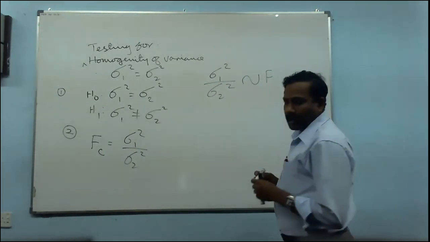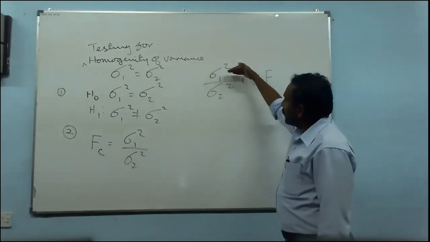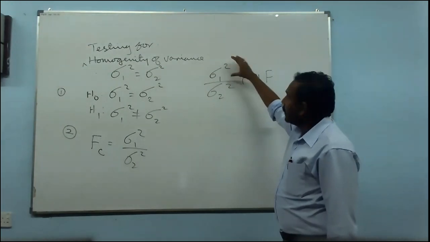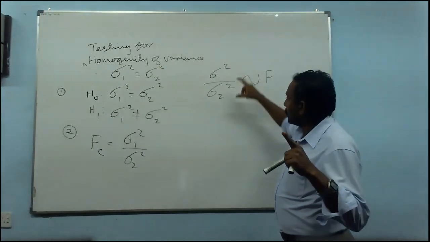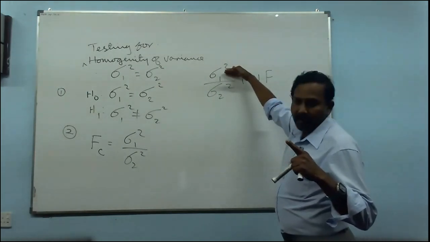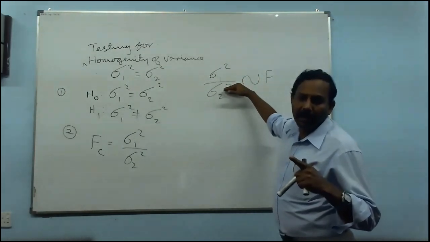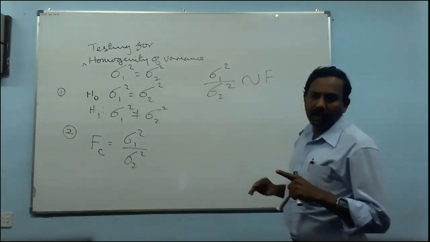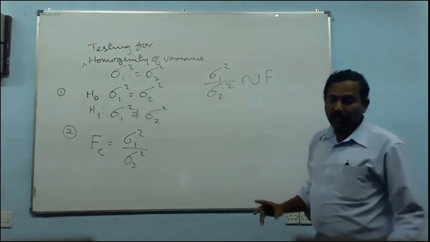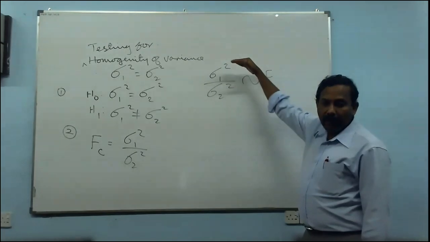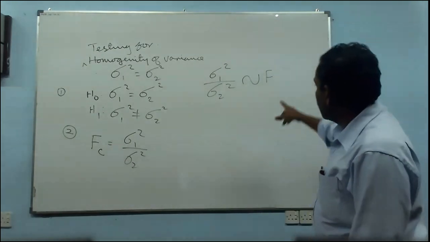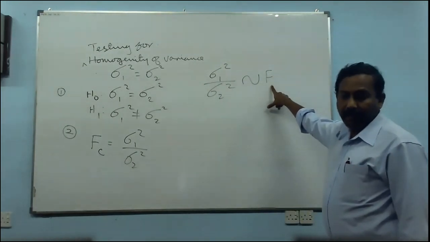It is an F distribution, because this is coming from one normal distribution and this is coming from another normal distribution. When you divide one normal distribution by another, the resultant distribution will not be a normal distribution. Therefore, it is distributed like an F distribution.